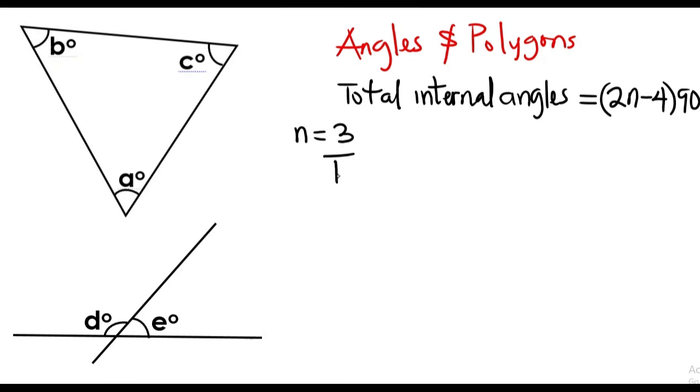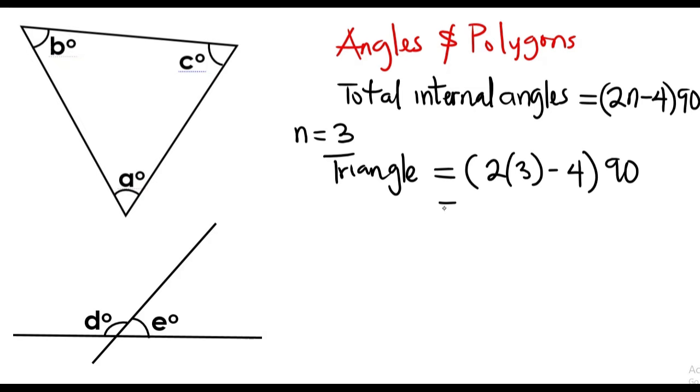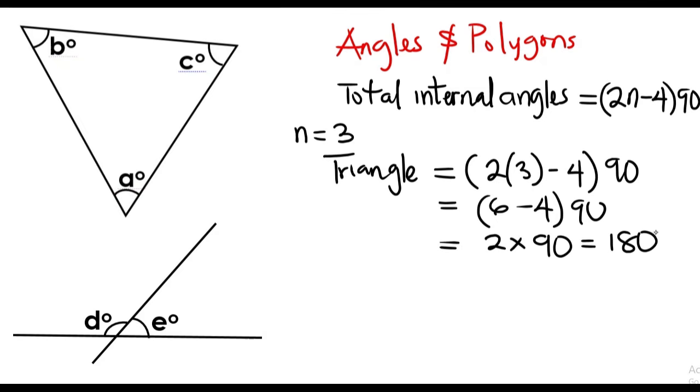For the triangle, the total is going to be (2 times 3, minus 4), all multiplied by 90. That is 6 minus 4, still times 90, which is 2 multiplied by 90, and at the end of the day I have 180 degree.